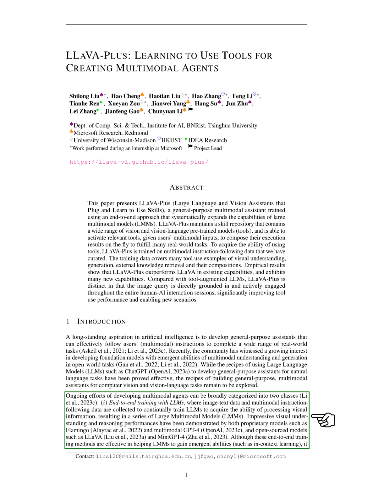Examples of these models include Flamingo, Multimodal GPT-4, LLaVA, and MiniGPT-4. Despite their effectiveness, it's still a challenge to develop a unified architecture that can incorporate a wide range of skills, such as image segmentation and generation, which are crucial for real-world multimodal applications.